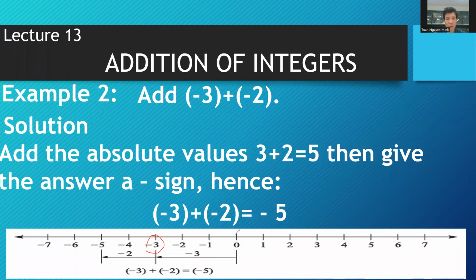So you go to the left, -3 here, and add -2. So you continue to count from -3 to -4 to -5. So you reach -5. So the last answer is -5.